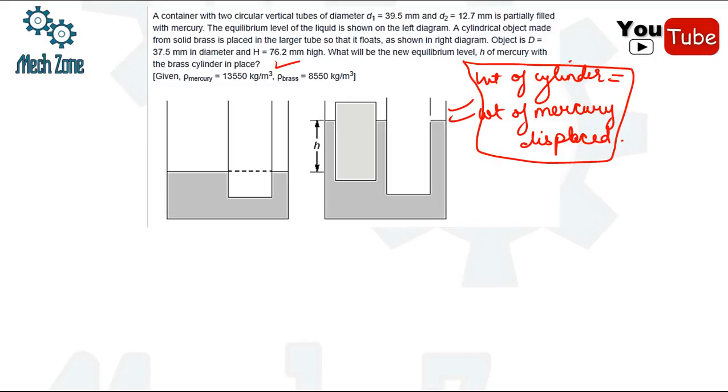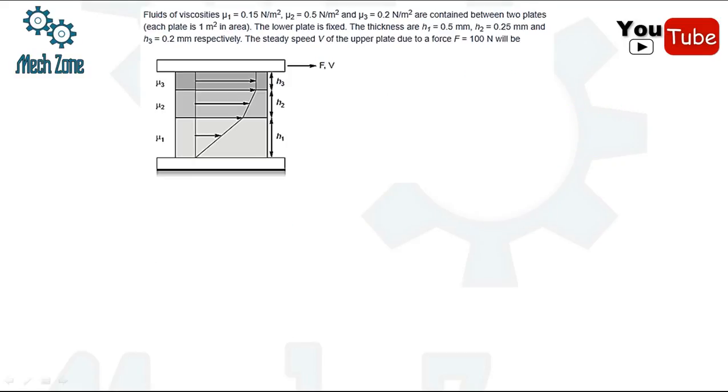Now for the weight of cylinder we have pi by 4 into 0.0375, so this is the diameter, pi by 4 d square into, just a second.